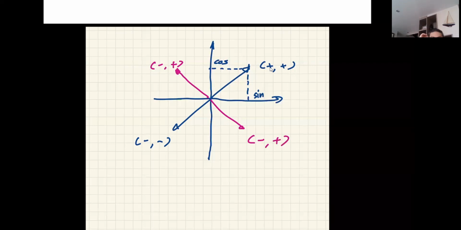So to tell where your values are, you just need to look at your vector. Say this is 1, 2. It points towards 2. So if 1, 2 is like that, it's plus plus. This is 1, 2 like this. That's 1, 2.